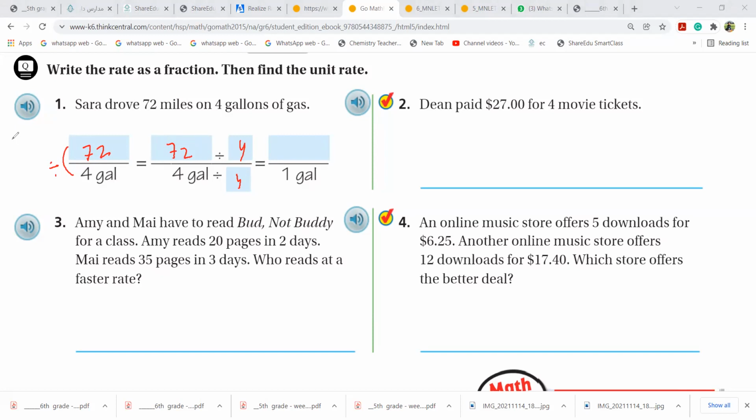When you divide 72 by 4, 4 times 8 is 32, and you get 18. You get 18 miles.